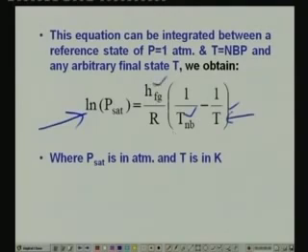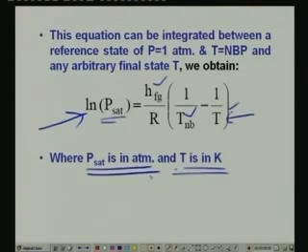So you can find out using this relation what is the saturation pressure at any temperature T. So this is the usefulness of the Clapeyron equation, and this equation also tells you that if you plot ln P sat versus 1 by T, you get a straight line, the slope of which will give you the latent heat of vaporization divided by the gas constant. And one thing you must remember here is that the pressure is expressed in atmosphere, and temperature T should be absolute, that means in degrees Kelvin.